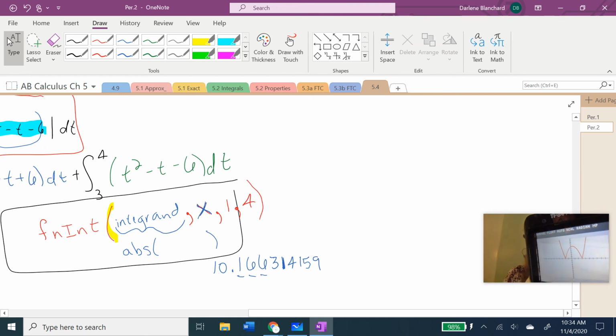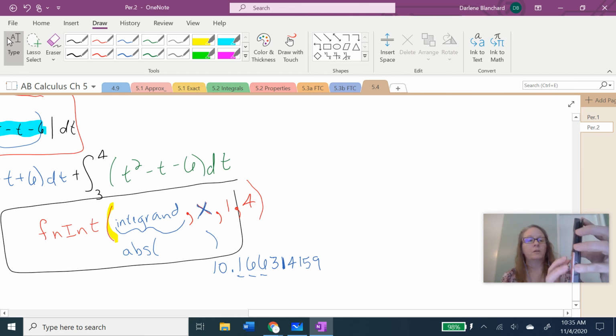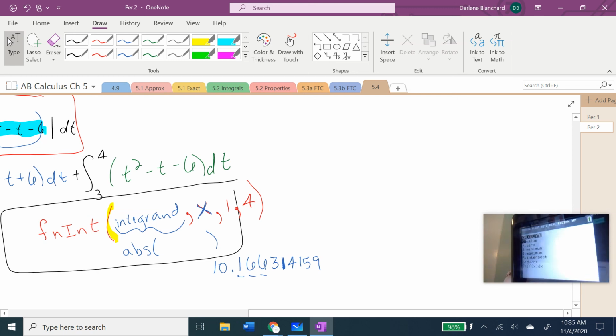So once I have the graph, if I want to solve a definite integral for that function, I am going to do the F4 button, second F4, and then I'm going to ask it to integrate number 7.